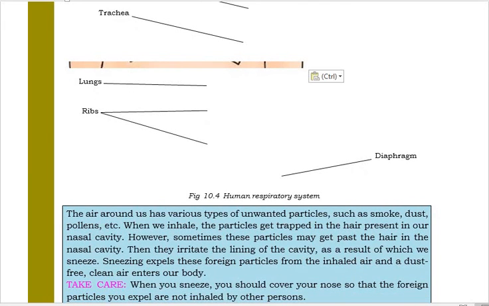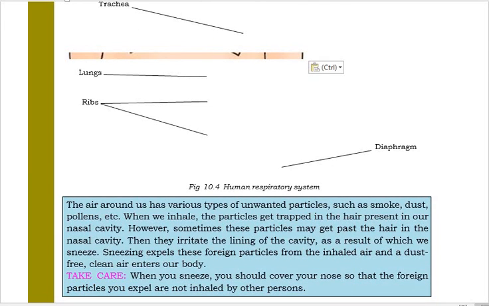As a result of which we sneeze. Many times you experience this when you are dusting, when you are cleaning your bookshelves or the rooms, or if you open the door or windows after a few days, when you come back from your native place and the house has been closed. When we open, a lot of dust will be there, so we start sneezing.